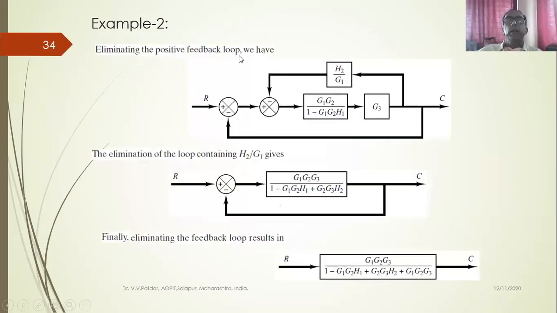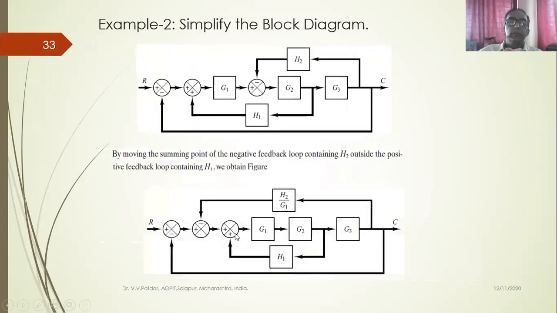Eliminating the positive feedback loop, we have, just see. Now what is the positive feedback loop? The positive sign is there at the summing point. So this is a positive feedback loop. How can I solve this? First, combining these series or cascade elements G1 into G2 and one feedback element H1. So what will it be if I remove this loop?